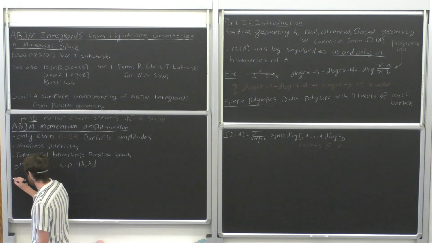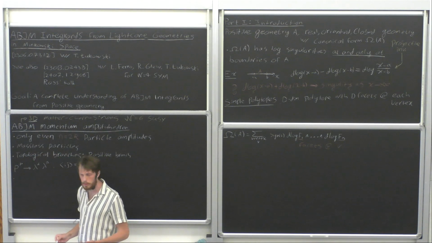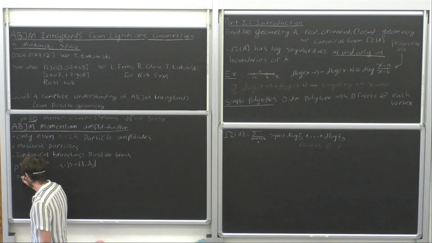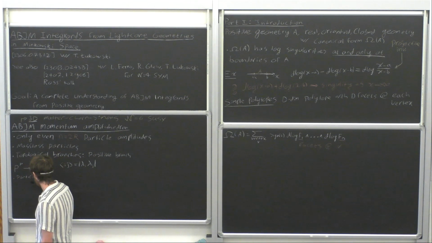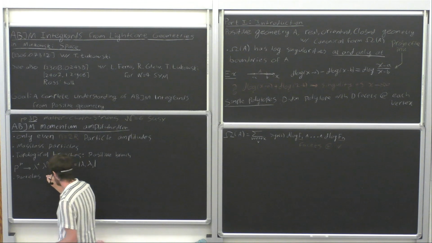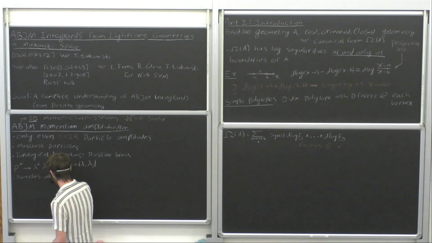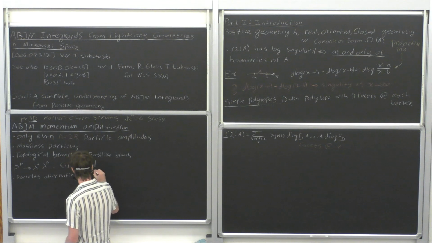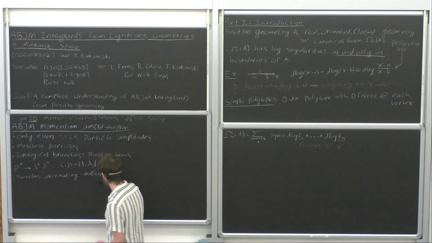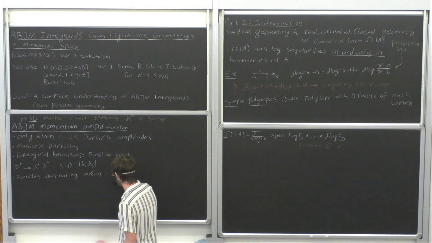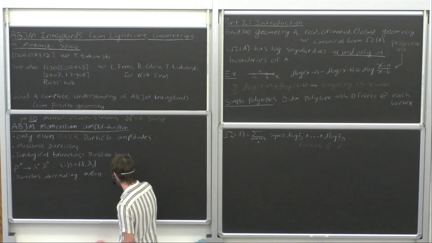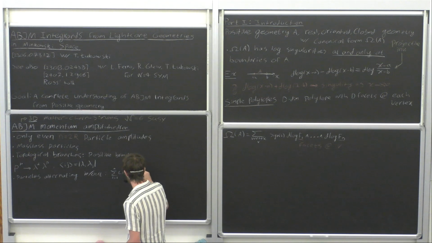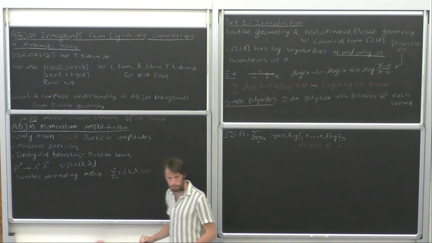Furthermore, we'll do something slightly unconventional from the four-dimensional point of view, if you're familiar. We will take the particles alternatingly incoming and outgoing. So that means that momentum conservation for us means that the sum from i equals 1 to n of minus 1 to the i lambda i is equal to 0.